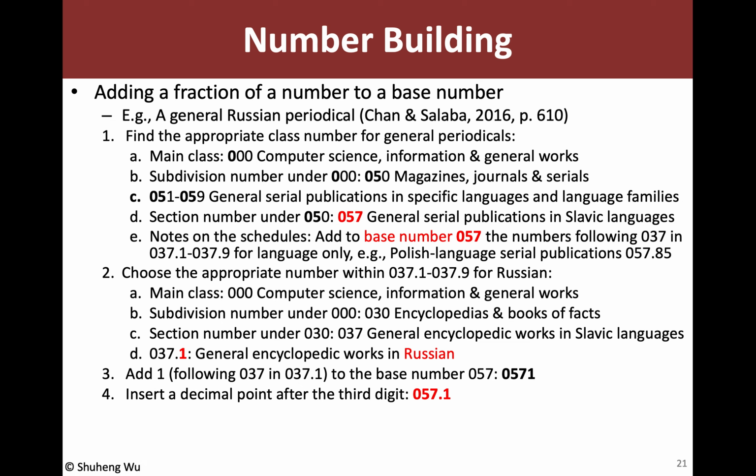Let's see the second example, which is a bibliography of physics. And the logic of building this DDC number is that we should first find the appropriate class number for physics, and then add the standard subdivision representing bibliographies to the base number representing physics.